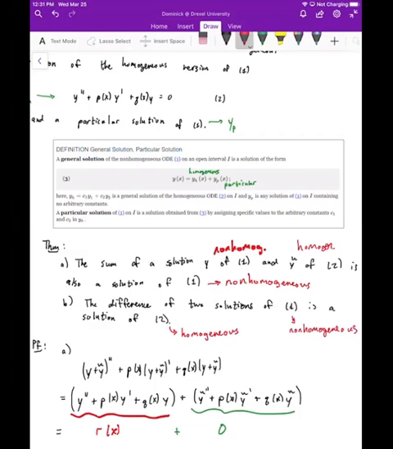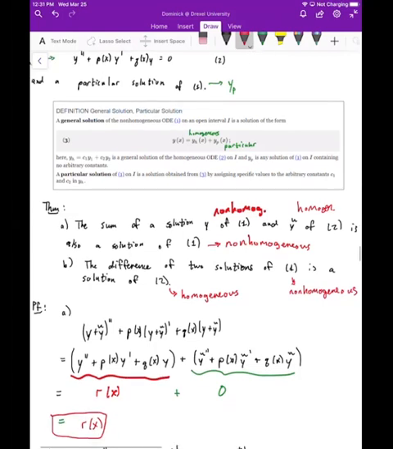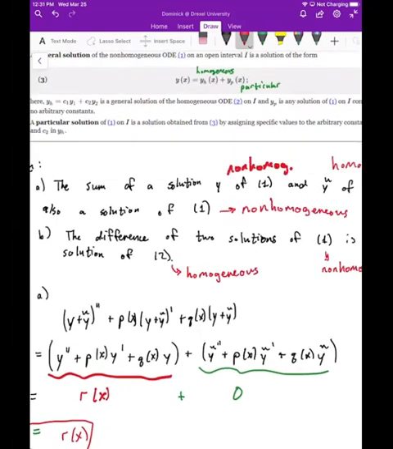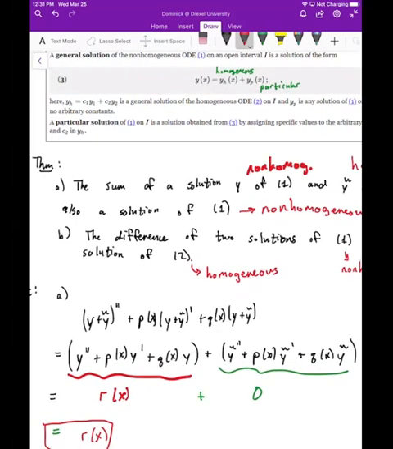So these proofs are not too terribly difficult, so I included them. Again, we're calling y a solution to the non-homogeneous, so y double prime plus p y prime plus q y is equal to r, and y tilde is a solution to the homogeneous version, so y double prime plus p y prime plus q y is equal to 0.